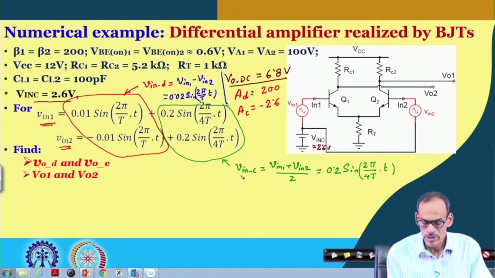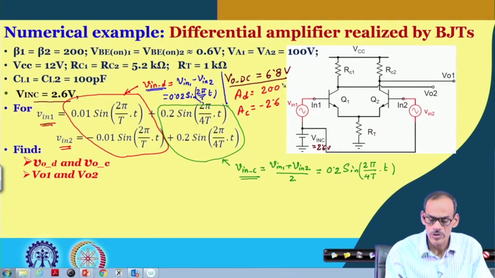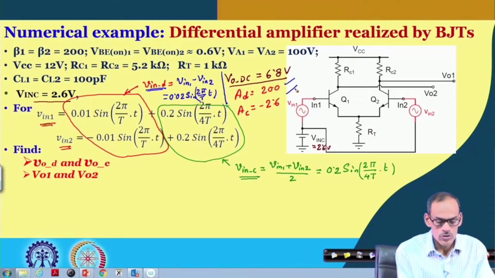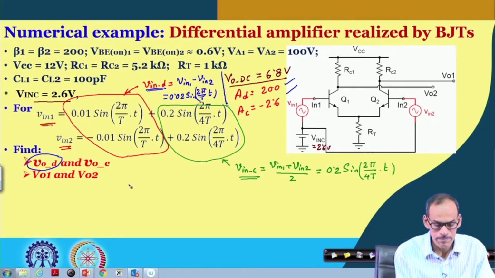So, we do have the common mode component and we do have the differential mode component here, and we do have the differential mode gain and common mode gain. So, from that we can get VOD equals to 200 multiplied by 0.02.